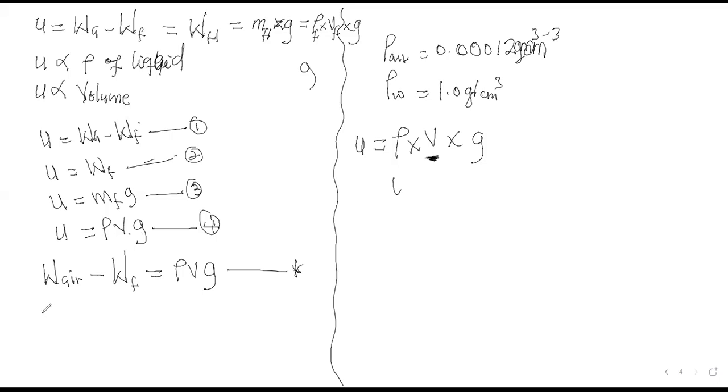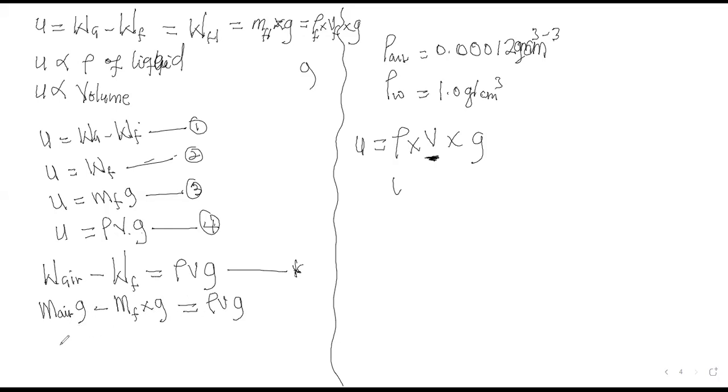Weight in air is mass in air times gravity, isn't it? Then weight in fluid is also mass in fluid times gravity. This is equal to the upthrust, rho Vg.